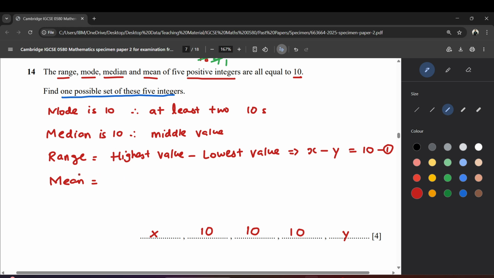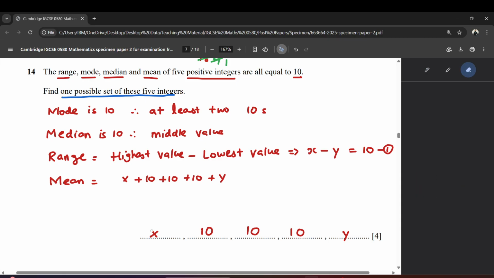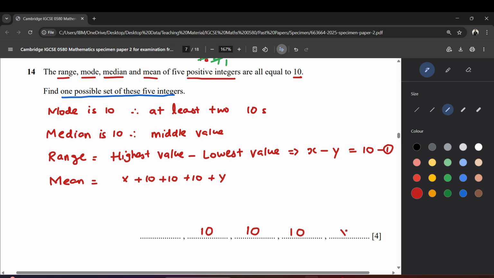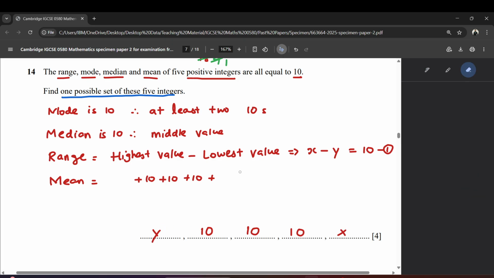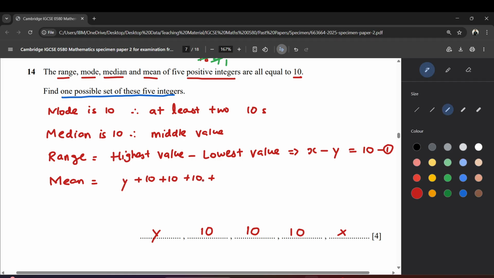If I want to find the mean, that will be x plus 10 plus 10 plus 10 plus y. And by the way, x should be here and y should be here, because I'm doing x minus y. All right, this divided by 5 is equal to 10 because the mean is 10.